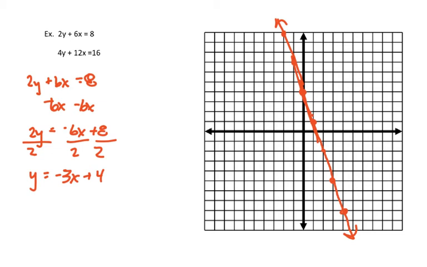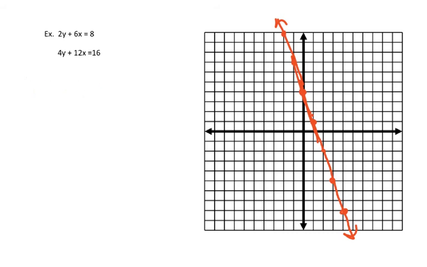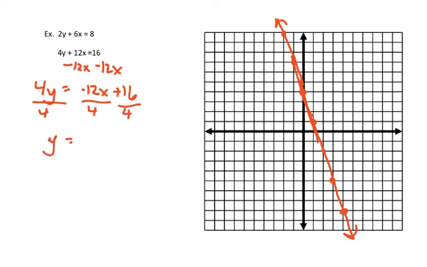And now we need to do the same thing with the other line. So minus 12x, 4y equals negative 12x plus 16. Divide by 4. Y equals negative 3x plus 4. Uh-oh, I'm pretty sure that sounds familiar. This is the same line.